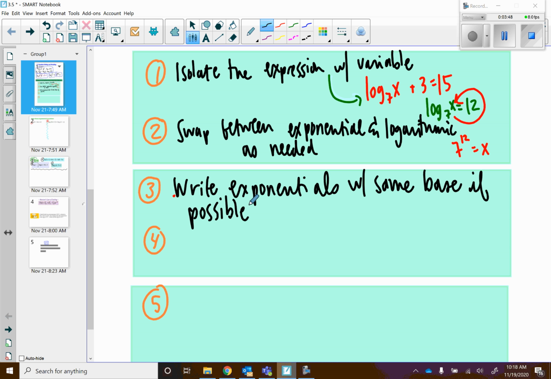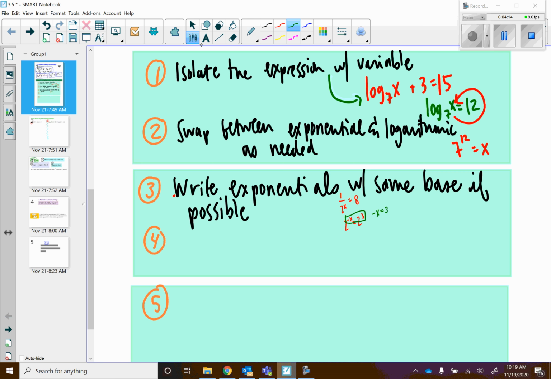They're not really steps, they're just ideas. So if I have, let's say, 1 over 2 to the x is equal to 8, well, I know I can write 8 as 2 cubed, and I really have 2 to the negative x there. So I'm writing these as the same base, and now I know negative x is equal to 3, or x is equal to negative 3.